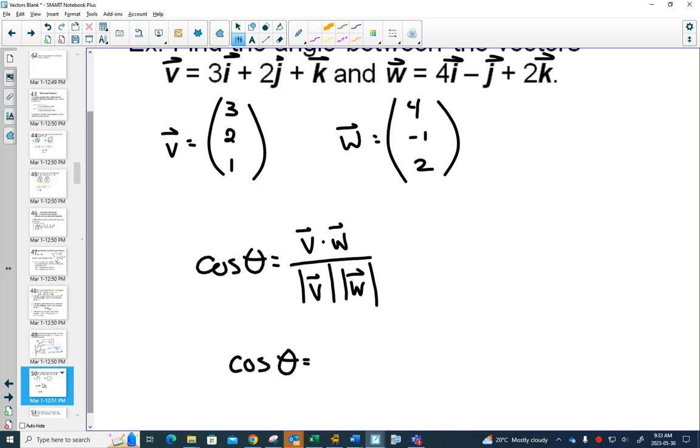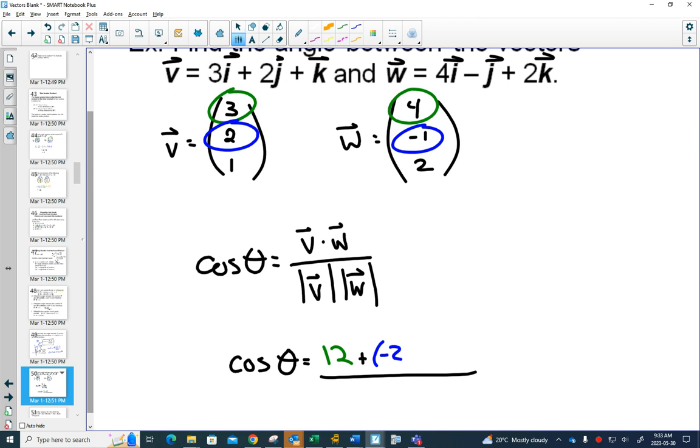So remember the dot product? And I'll color code it for you. This will be 12 plus -2 plus 2. And then the length of V, remember that we find our lengths are just a squared plus b squared plus c squared when it's in 3 dimensions.